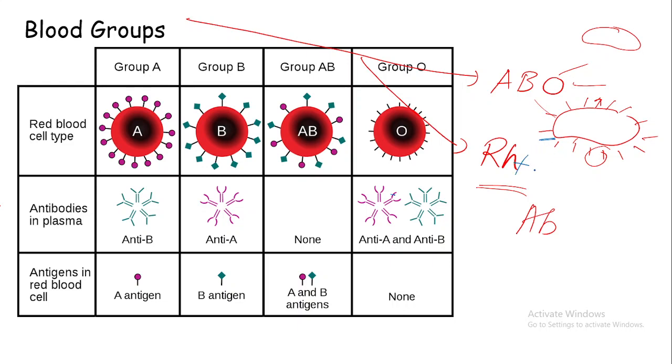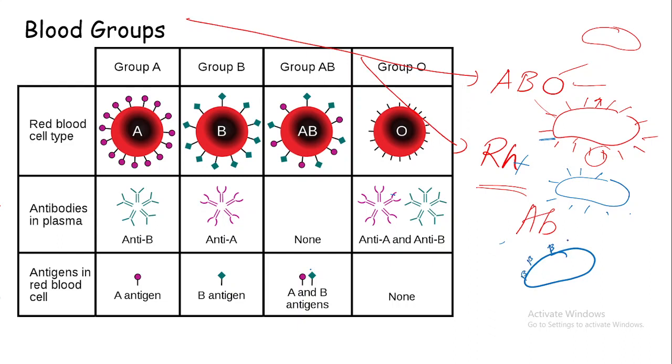When my blood group is O positive, it means that my RBC contains only RH factors and no A or B. If your blood group is, let us say, B negative, what does that mean? It means that your RBC contains only B antigens, I'll just draw it this way, and no RH.